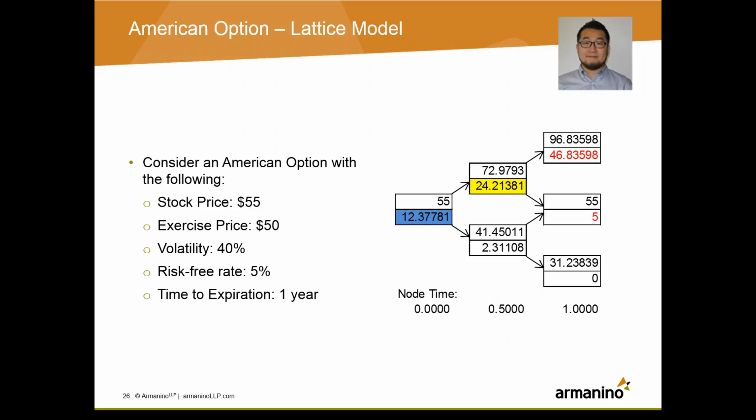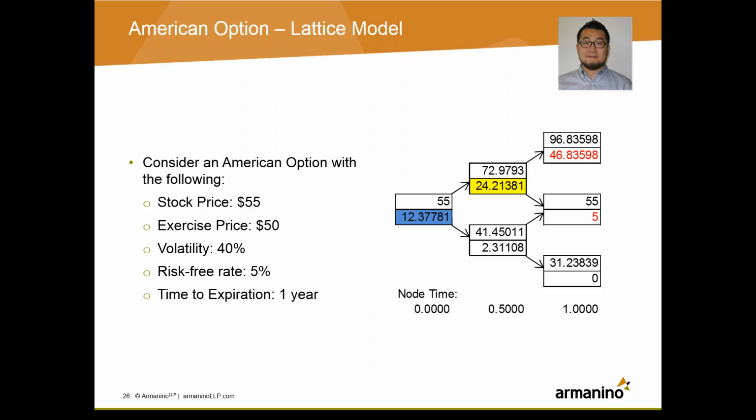Okay, so here's an example of what a lattice model or binomial tree specifically looks like. This is an example where we consider an American option with a stock price as of today of $55 and an exercise price of $50. So if you exercise this option and buy the stock, you would only have to pay $50.